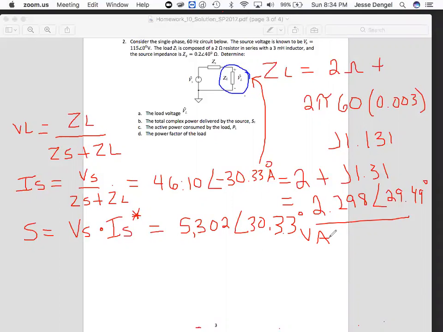So that is our total complex power delivered by our source, and that's our answer to part B.